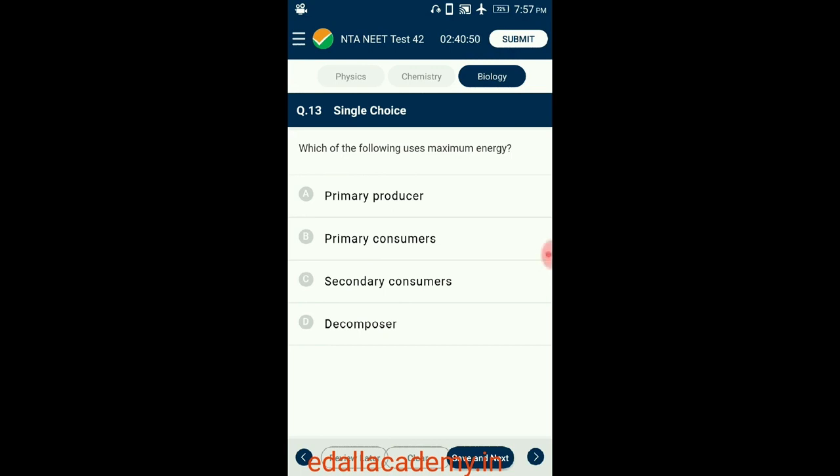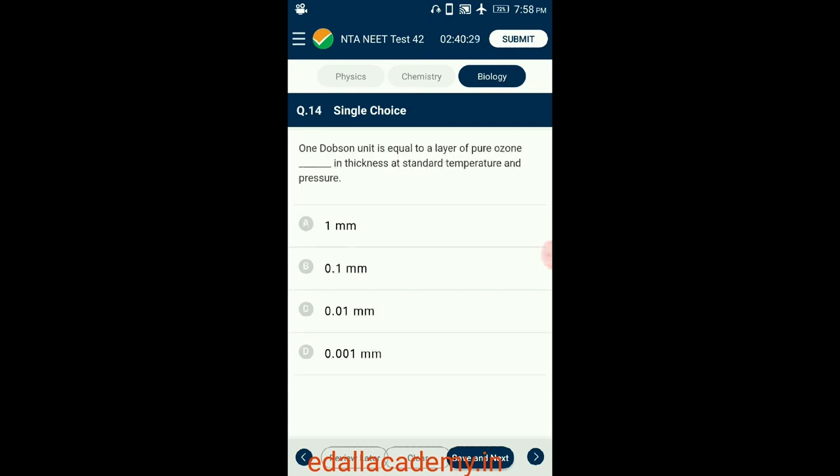When energy is transferred from producers to herbivores and to carnivores, only 10% of energy is transferred from one trophic level to another. Hence, producers receive the maximum energy. So the answer for this question is option A, primary producers.